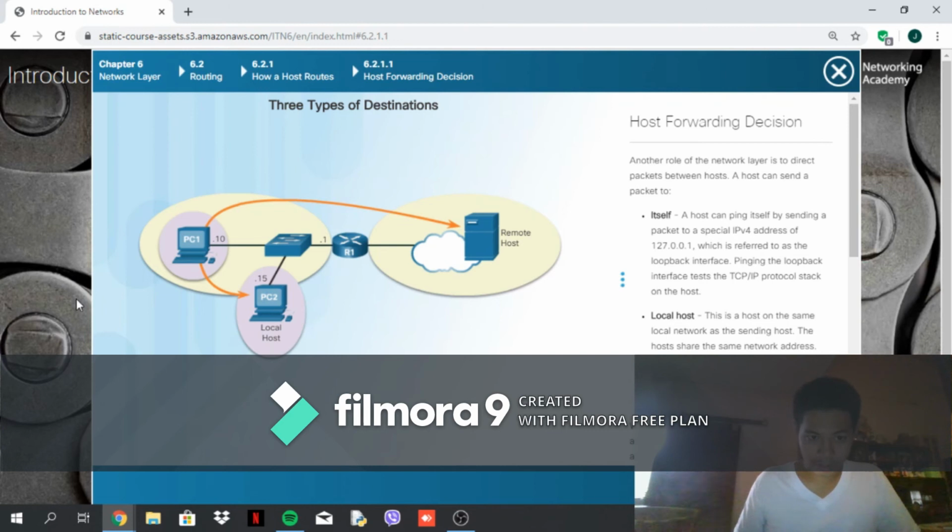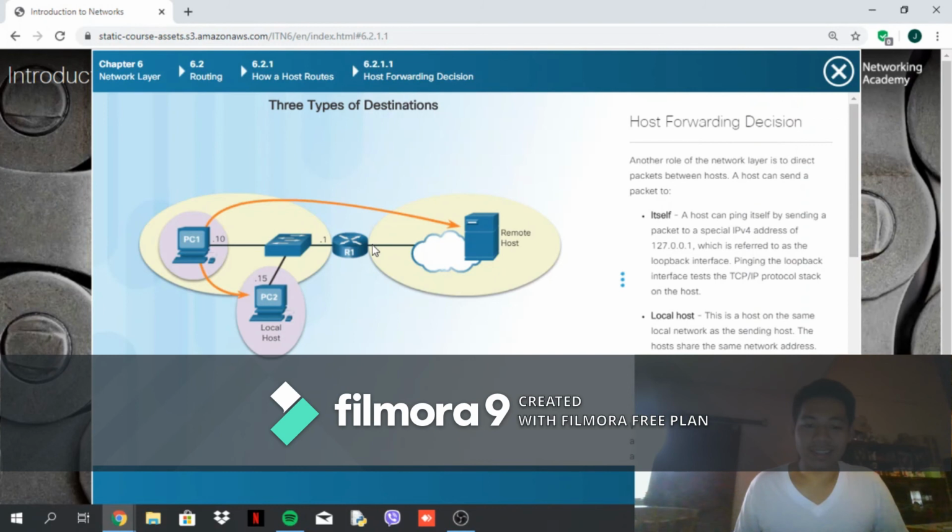Localhost is here, inside the local host. From that number covering this circle until it reaches that point, that's a local host. It delivers data to whoever or whatever is connected inside the local host. And the remote host is a host on a remote network. Hosts do not share the same network address.